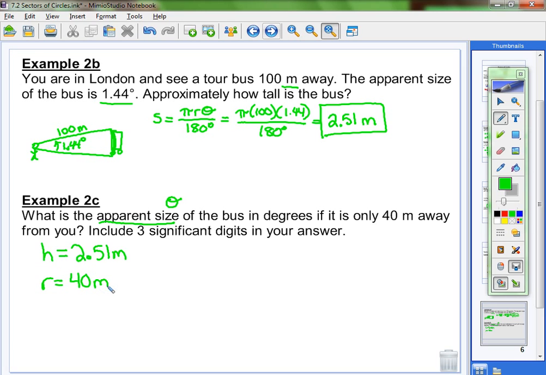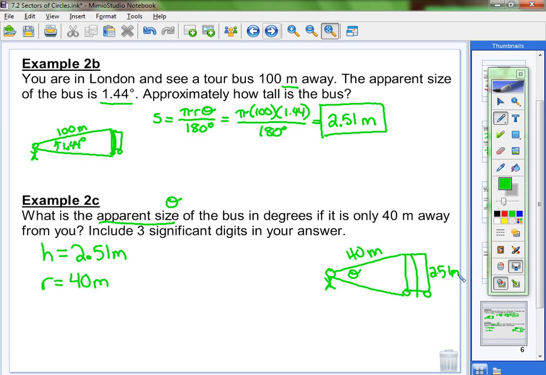Again, a diagram could be helpful. We have our bus, which looks a little bigger because it's closer. We have us right here, looking at the bus. We want to know what is theta if we're only 40 meters away now, and the bus is 2.51 meters tall.